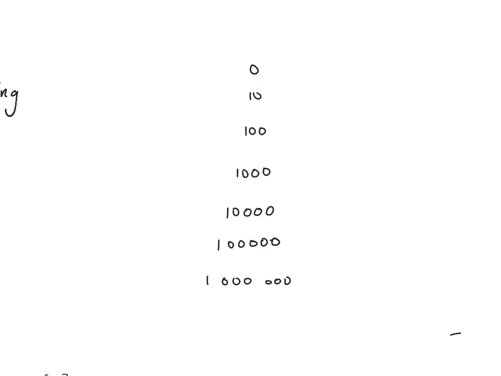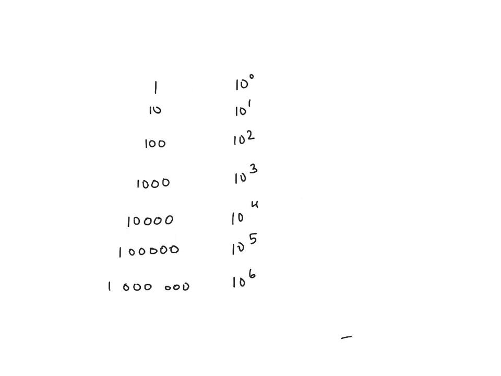As a matter of fact, let's do one small change. Let me change this to 1 rather than 0. Okay, so this is 10 to the 0 power. This is 10 to the first power. This is 10 squared, 10 cubed, 10 to the fourth, 10 to the fifth, 10 to the sixth.